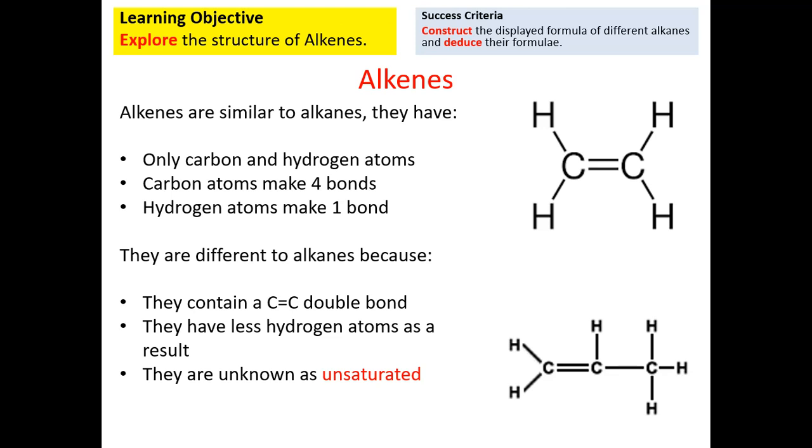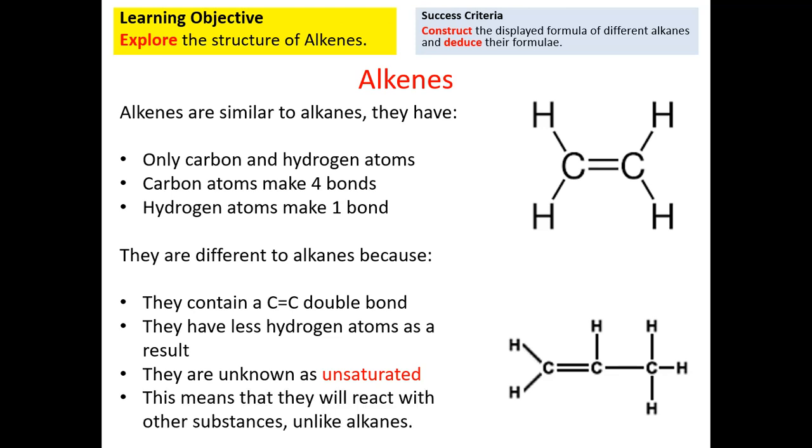That means they've got all single bonds, they're really unreactive, and they can't take anything else. They're full. You can't put any more hydrogens in, all the bonds are made. Now, alkenes are known as unsaturated, and it's because of that double bond. Because if that double bond was to break, you can then add something else in there. Now, as a result, this means they react with other substances.